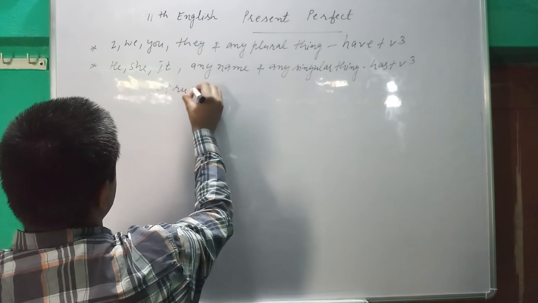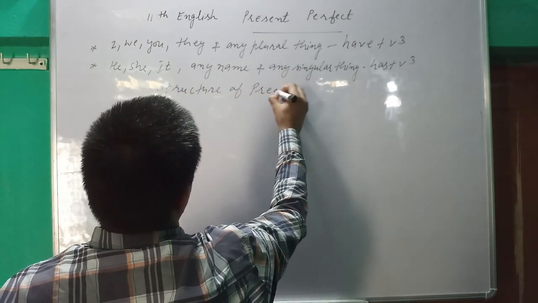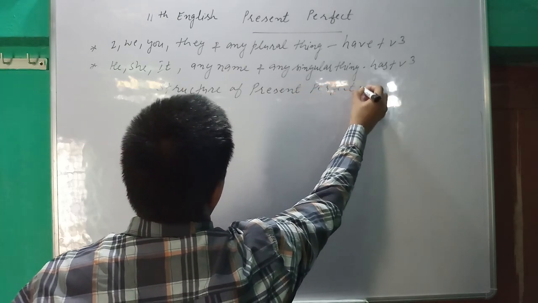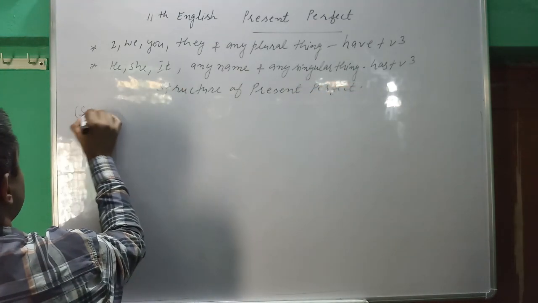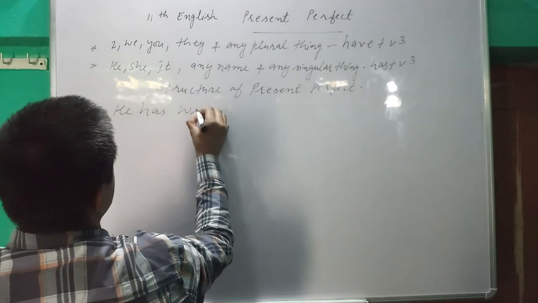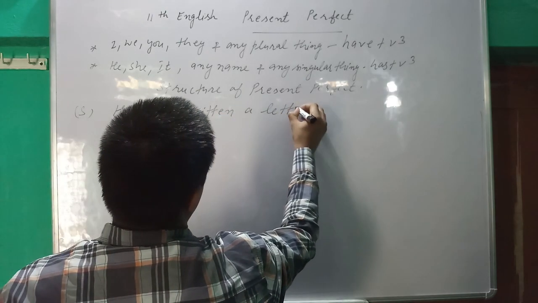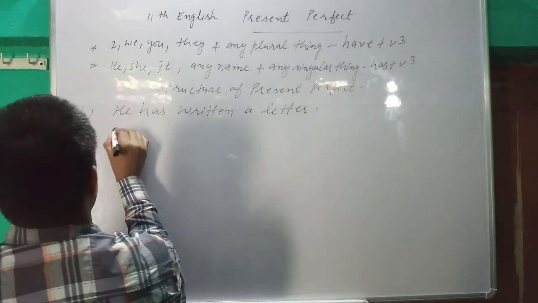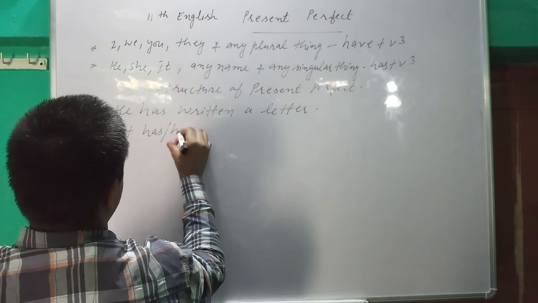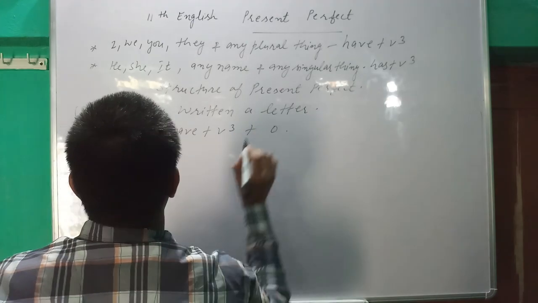Structure of present perfect. In simple sentence, he has written a letter. Subject plus has/have plus third form of verb plus object.